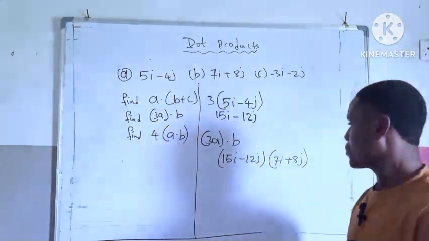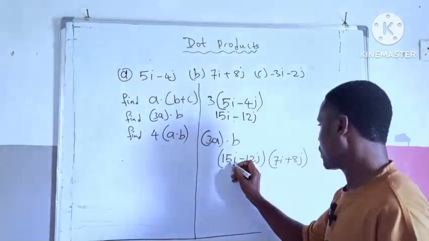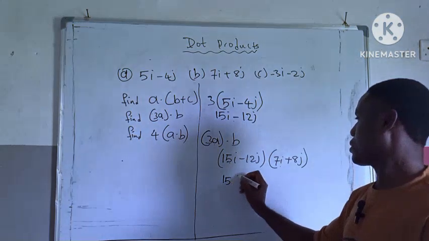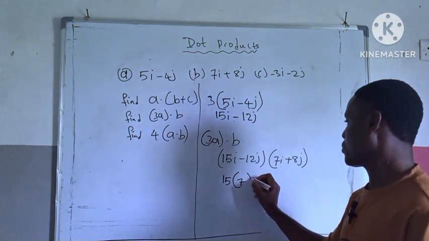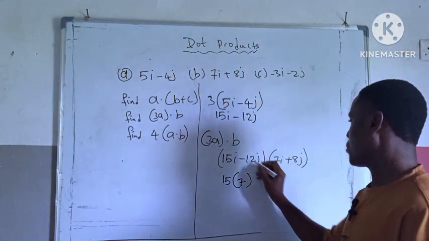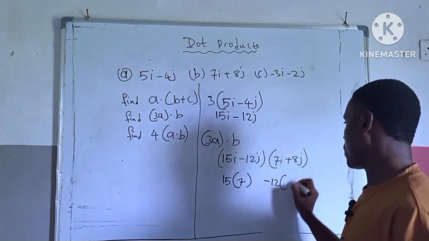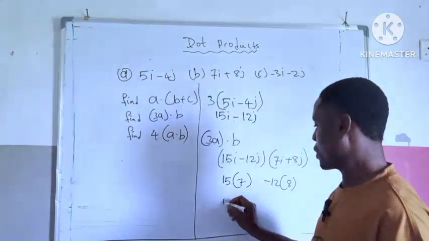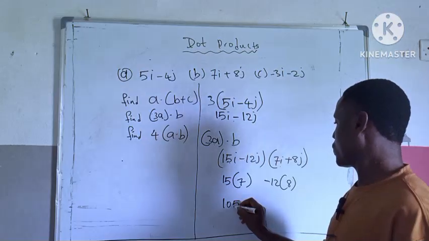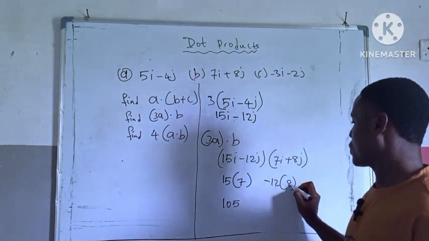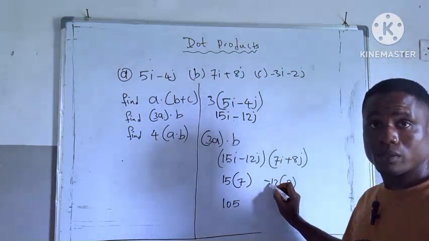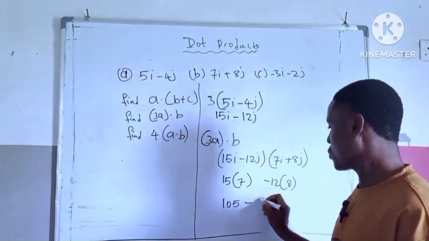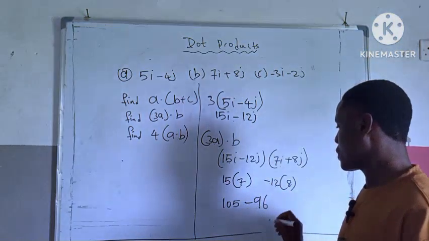So the next step is to multiply the like terms. So meaning we have 15i and 7i, right? So we'll have 15 times 7, then we have minus 12 multiplied by 8. 15 times 7 is 105, then 12 times 8 is 96, but we have this minus sign, so it will be minus 12 times 8, which gives us minus 96.